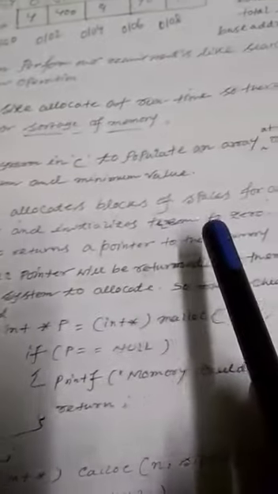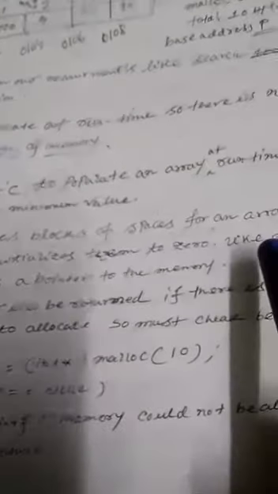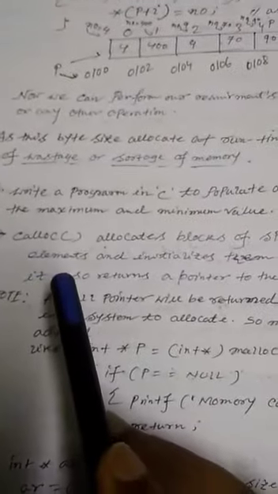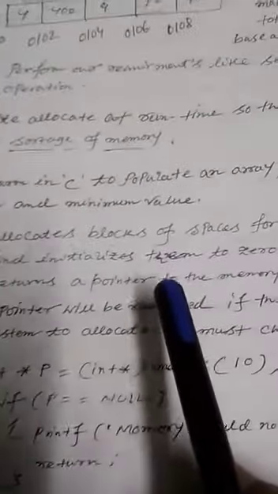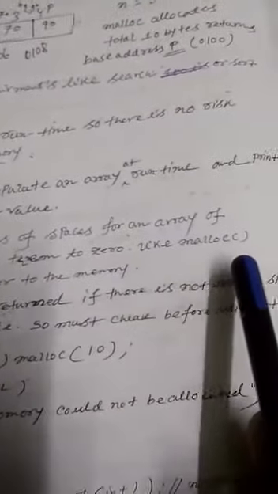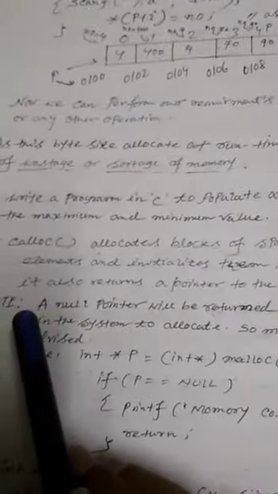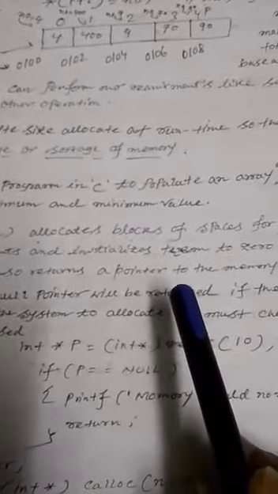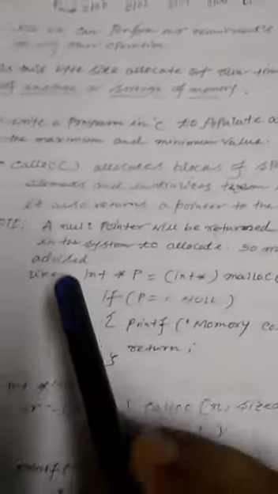Calloc allocates a block of space for an array of elements and initializes them to 0. Like malloc, it also returns a pointer to the memory.